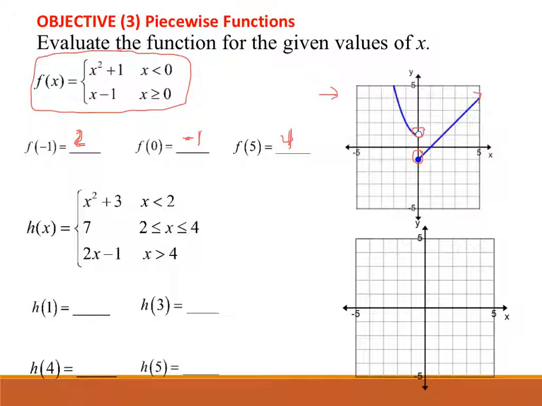So what I'd like you to do is we have another function, h of x, and I would like you to try this function. And I would also like you to graph it. And this time, I see I've got the wrong graph here. We need to change the graph a little bit. So we're going to make it every 2 points. This is a negative 10, not a 5 here.